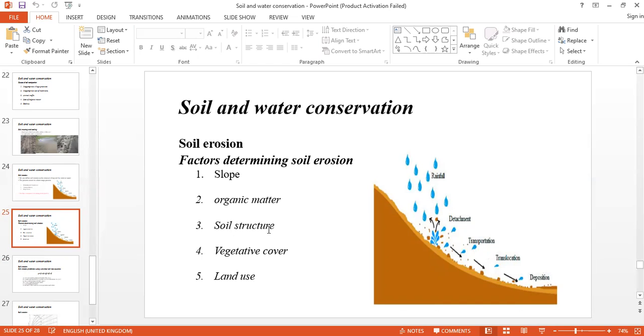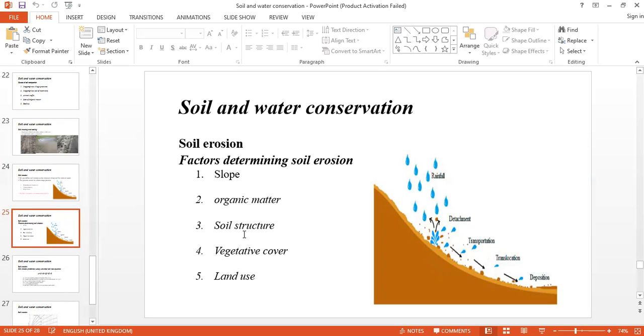Same with structure. Again, we can look at it in two ways. If a soil is well structured, the soil particles are well held together and they cannot be transported by moving water. But also, if your soil has a good structure, it will have a lot of pore spaces.